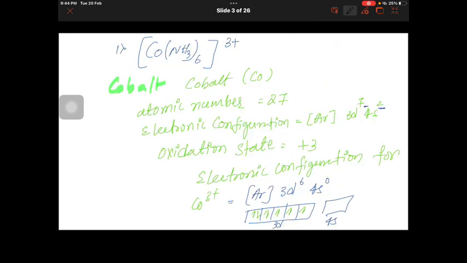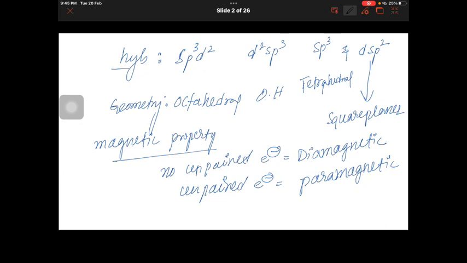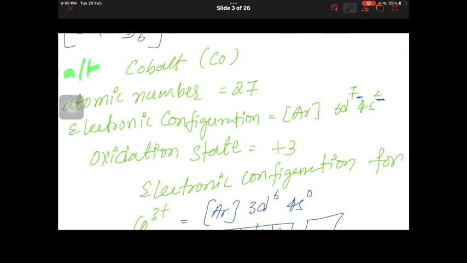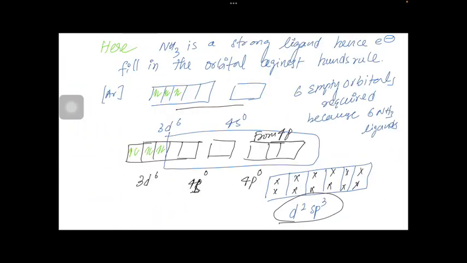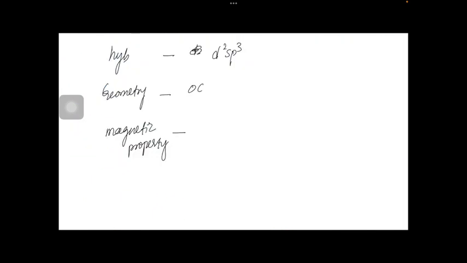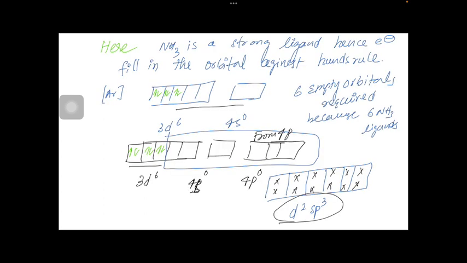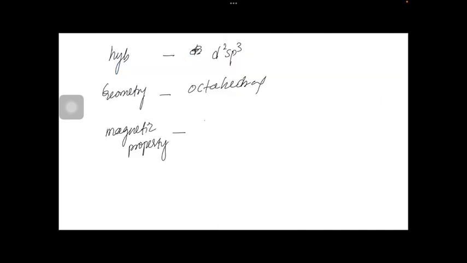When d2sp3 hybridization, then octahedral geometry. Magnetic property: observe here, no unpaired electrons, that's why diamagnetic property. Next, second one, [CoF6]3-.